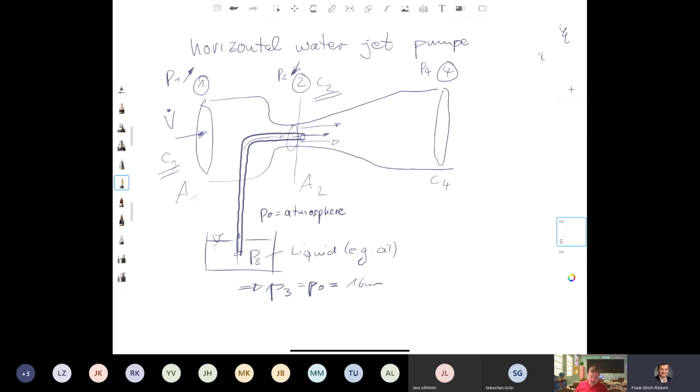And let's say our velocity here, it's a big vessel. So C3 is approximately 0. And now we want to calculate C2.